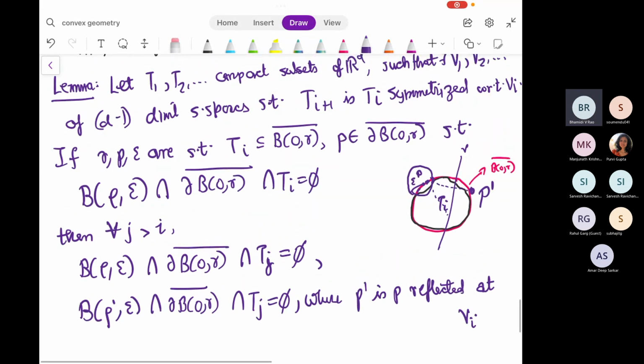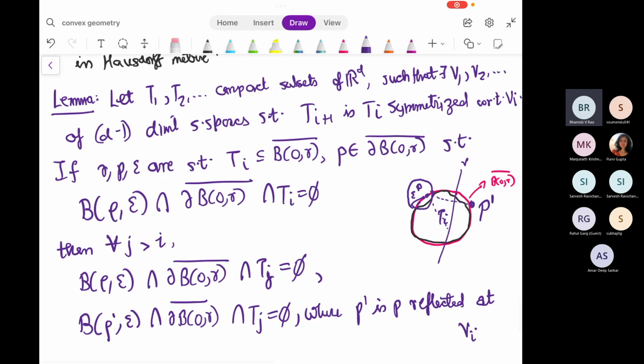Just a question. Why do you have a sequence? Your theorem is only about T_i and T_{i+1}, that's all, right? Yeah, this sequence is required in anticipation of the fact that we need a sequence later. So actually, I could have stated this just for T_i and T_{i+1}. But the problem is we require a sequence later on.